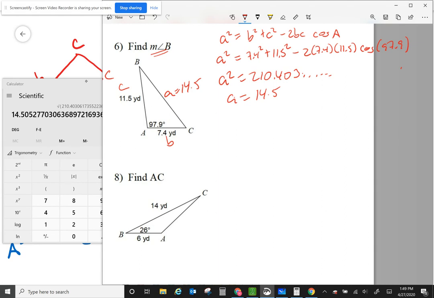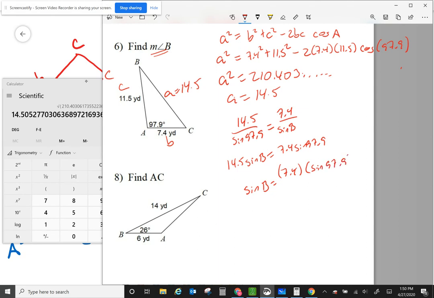I remembered that 14.5 over sine of 97.9, remember, A over sine of A is equal to 7.4 over sine of B. So I have that 14.5 times sine of B is equal to 7.4 times sine of 97.9. So sine of B is equal to 7.4 times sine of 97.9 divided by 14.5.